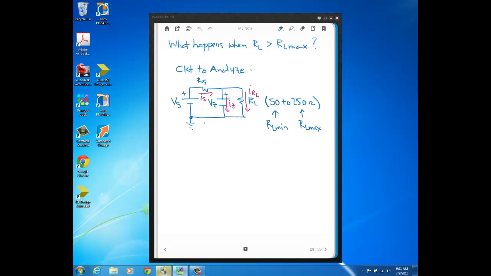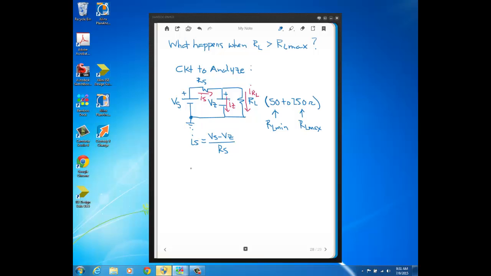This is the source current through RS, and using Ohm's law, that source current would just be Vs minus Vz, because the voltage across RS is the difference of the voltage on one side compared to the other side. And since current's flowing like this, we take Vs minus Vz as our voltage difference, and then divided by RS. So that's our equation for IS.